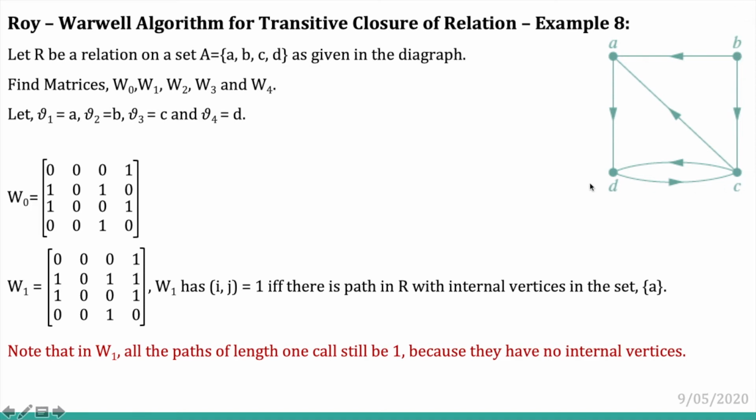One is CD connected by the path C to A to D, and another is BD connected by the path B to A to D. Now because there is a direct edge from C to D, this ordered pair CD is already represented by 1 at its corresponding place in W1. We also need to ensure that the ordered pair BD is represented by 1 in W1 because it is connected by the path having internal vertex A. So this way we obtain W1.